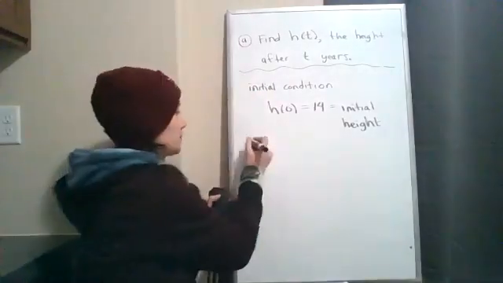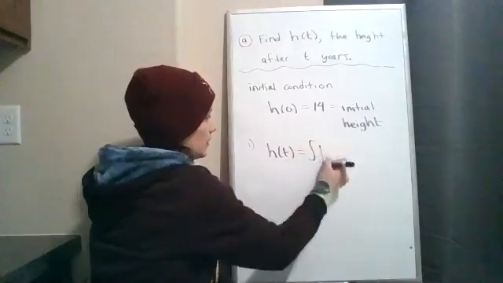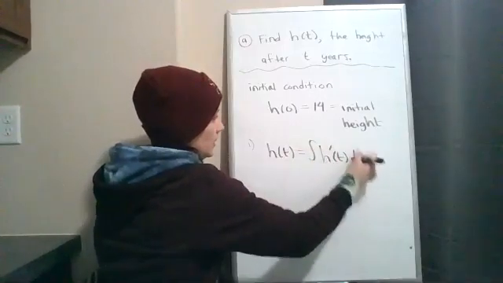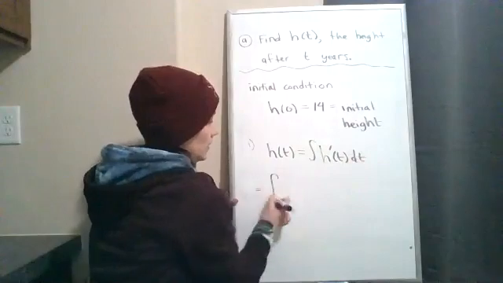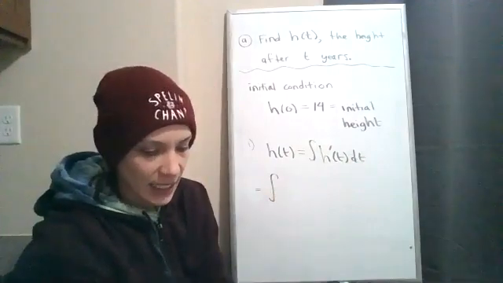Okay, first, h of t is the integral of h prime of t dt. H prime of t was 1.6t plus 3.